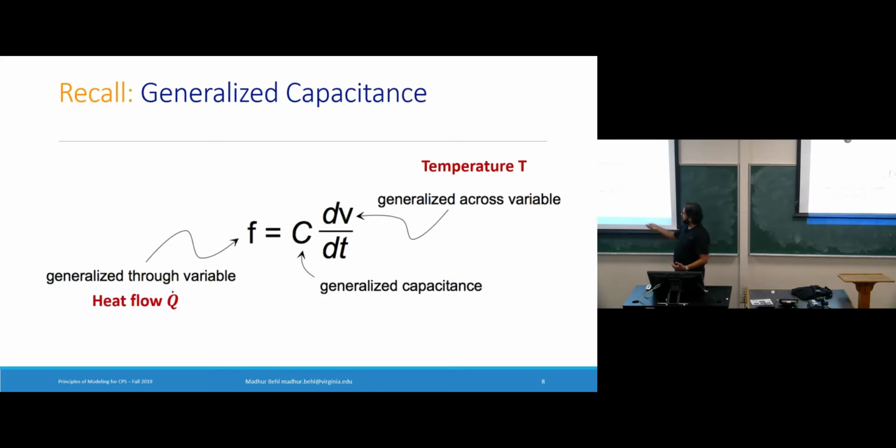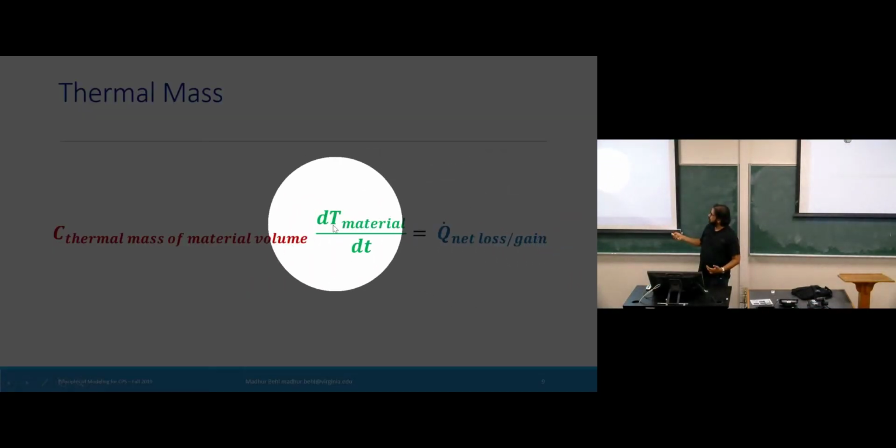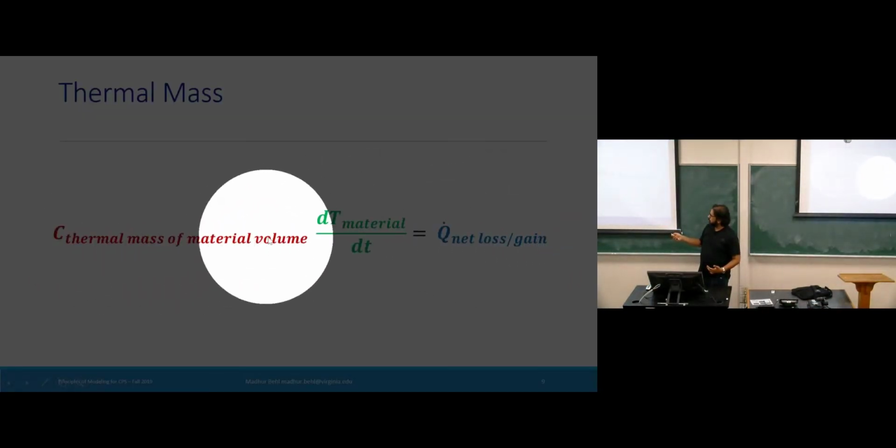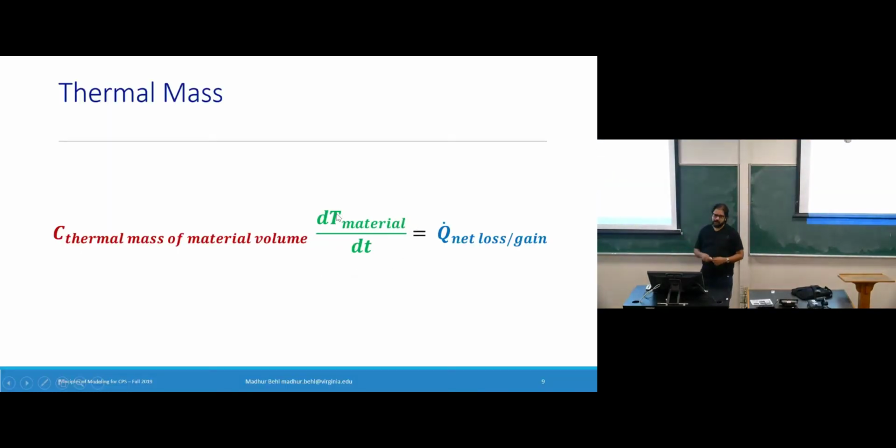And what this is saying is that heat flow, which is Q dot or H dot, is capacitance or the thermal mass of the volume of that material times the rate of change of temperature in that material. Okay, so this is the basic equation which will be the backbone of all our modeling when we talk about the thermal properties of this building.